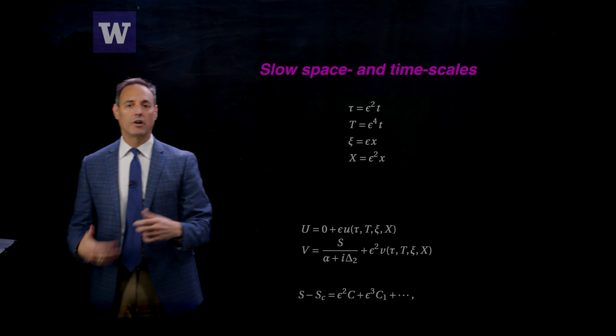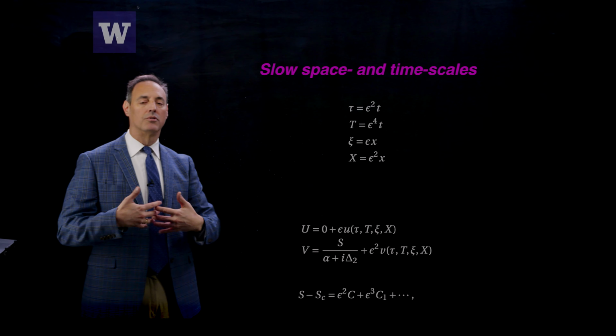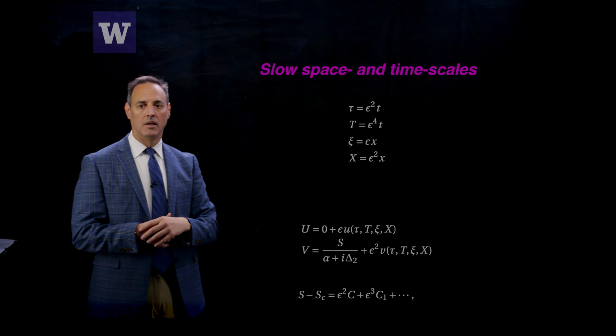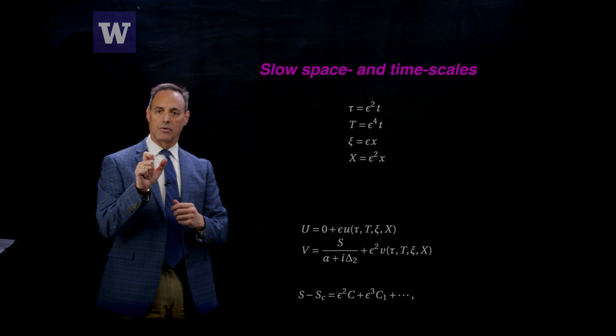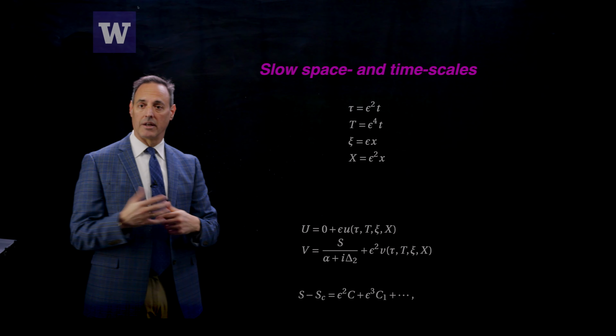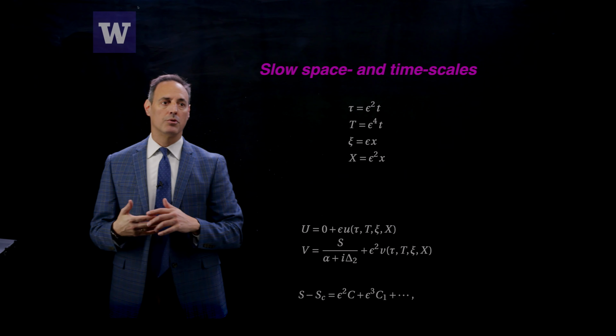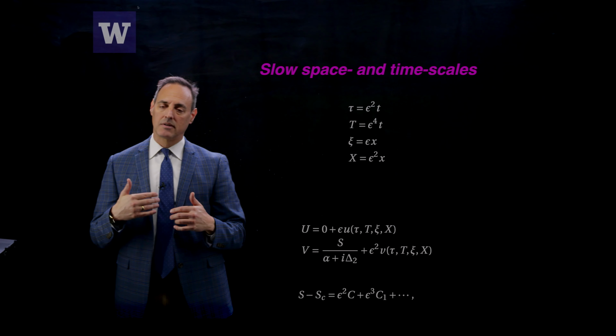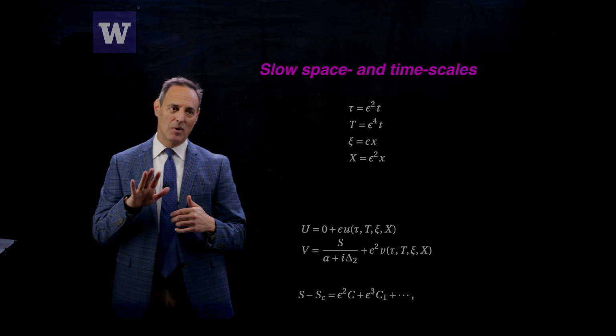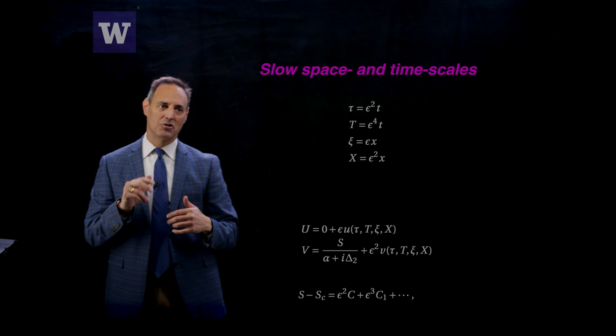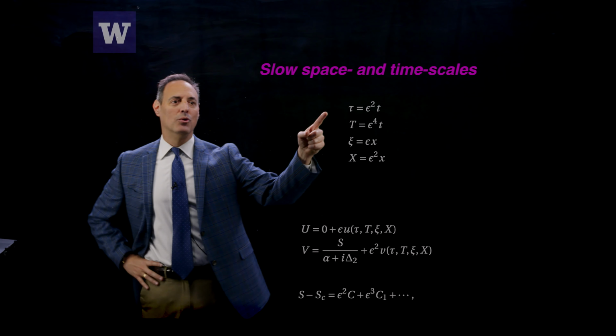Solutions aren't going to infinity. Solutions are going to some new solution state, and I want to get the right dominant balance physics for that new solution state. As before, we introduce slow space and slow time scales. Actually, here I'm going to introduce two slow time scales and two slow space scales.